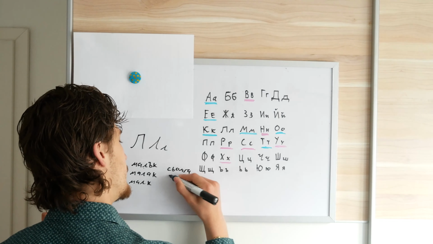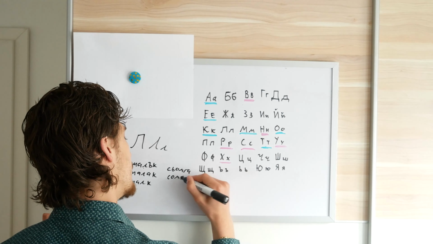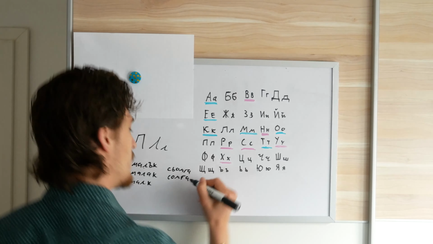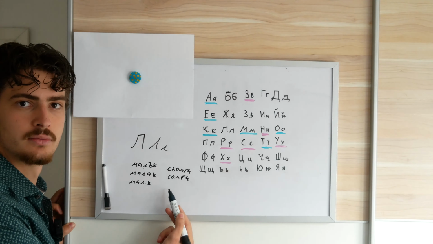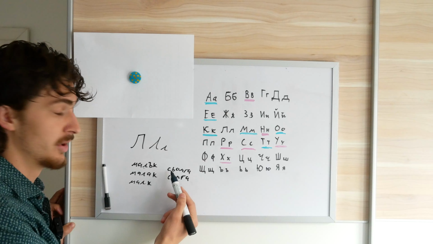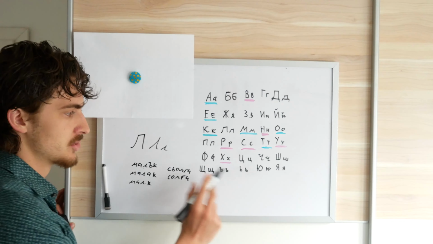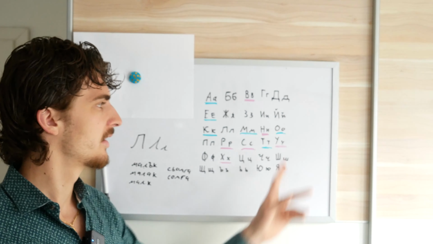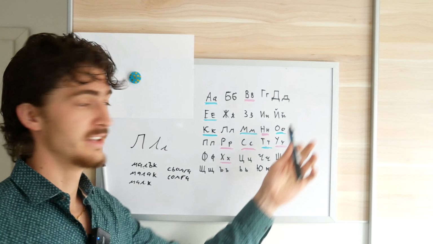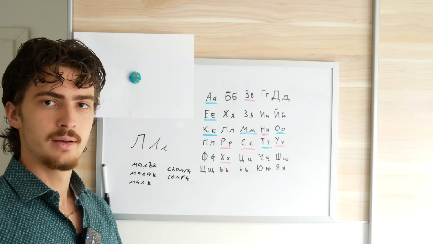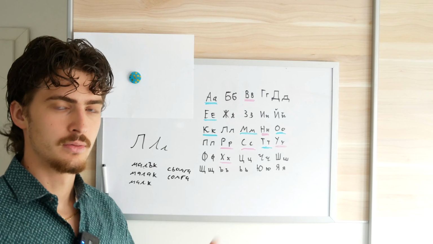Syomga. If this would be written with no malak, this would be pronounced somga. But it is syomga. So basically this also gives a y sound, like the i kratko, if you remember, y, like in yellow. But this just makes the consonant before sound like that.